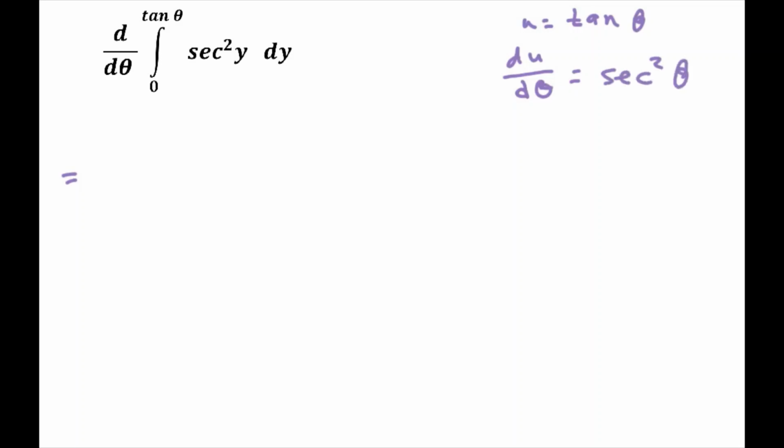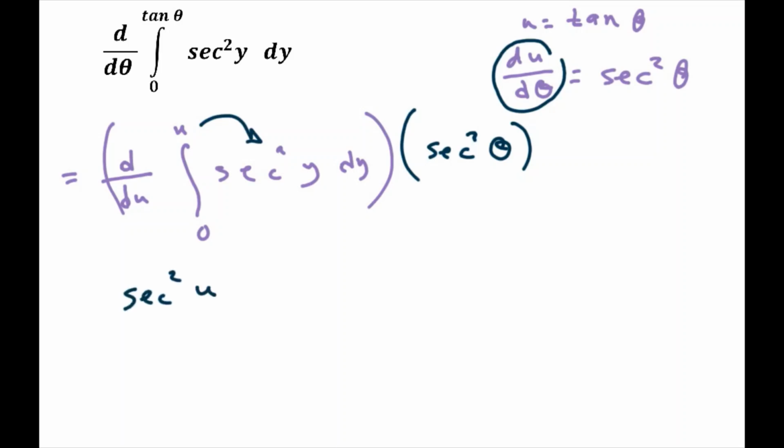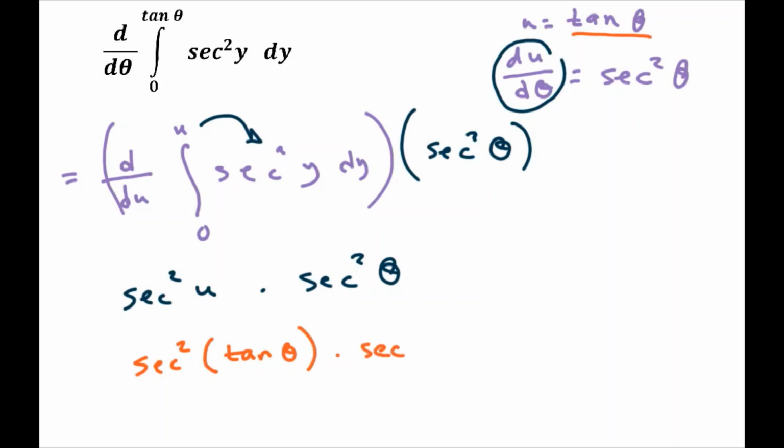So now this is going to be d over du of the integral from 0 to u of secant squared y dy, all of this multiplied by du over d theta, which is secant squared theta. Now I will plug u inside, so that's going to be secant squared u multiplied by secant squared theta. Instead of u, I'm going to use tangent theta, so that's going to be secant squared tangent theta multiplied by secant squared theta.